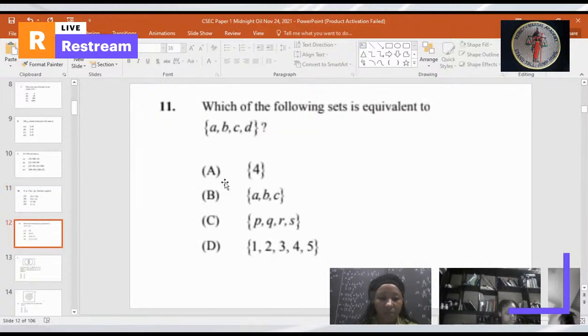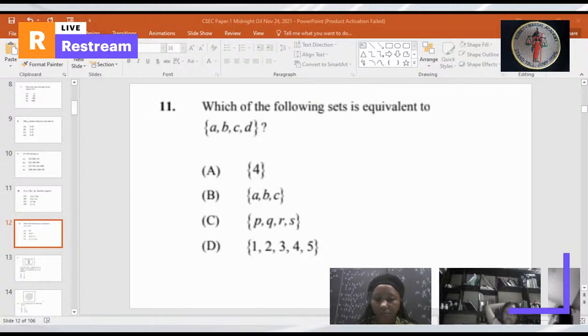All right. So number 11, who's going to take number 11? Imani. Which of the following sets is equivalent to ABCD?